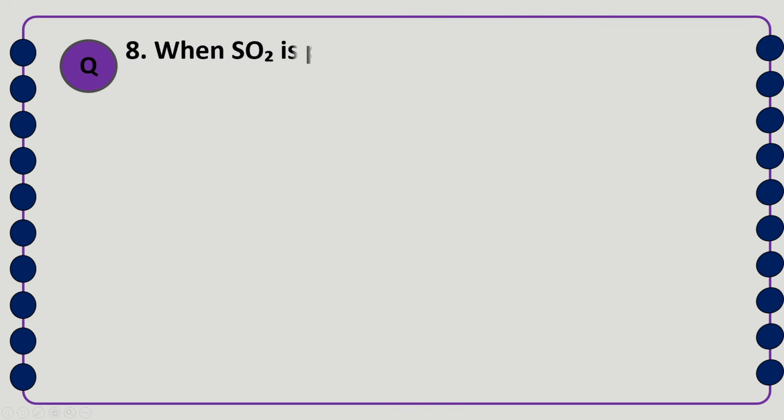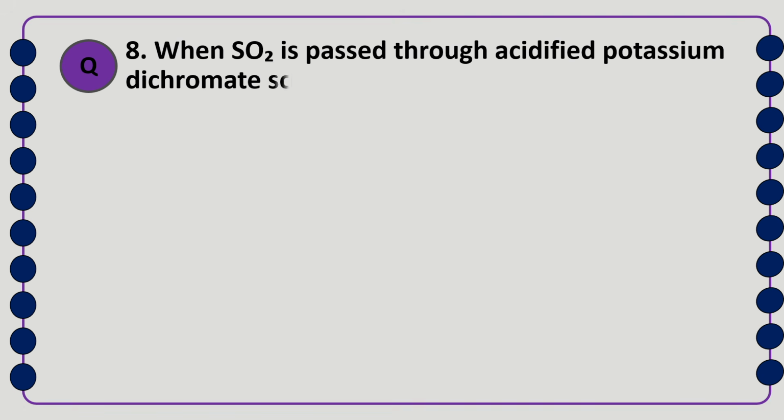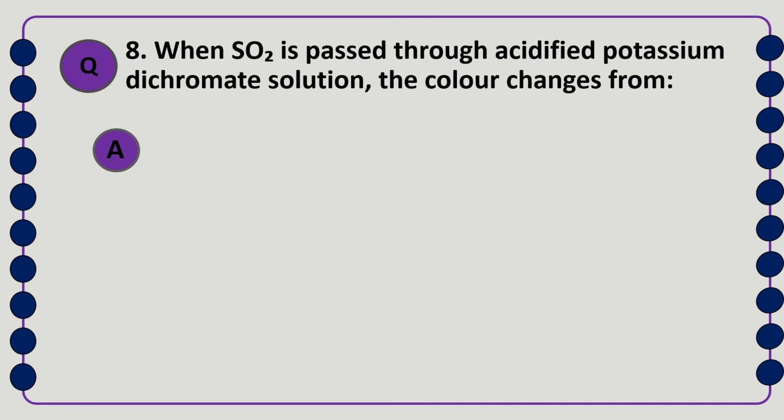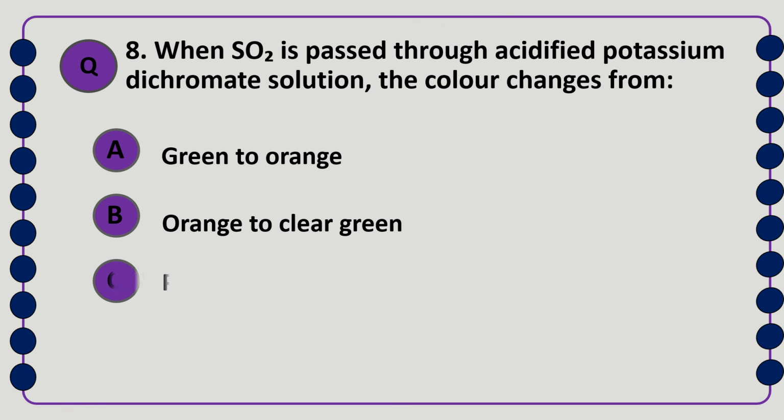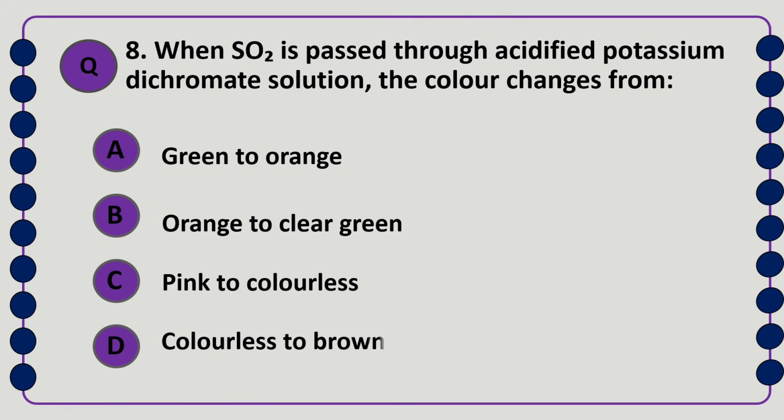Question number 8. When sulfur dioxide is passed through acidified potassium dichromate solution, the color changes from: green to orange, orange to clear green, pink to colorless, colorless to brown. First of all, students, you should know the original color of potassium dichromate.